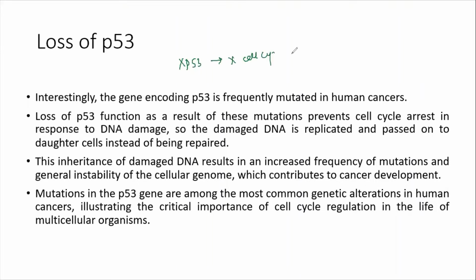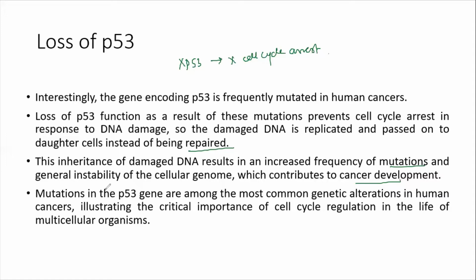So whenever there is DNA damage, what will happen then? The damaged DNA is replicated and passed on to the daughter cells instead of being repaired. The inheritance of damaged DNA results in an increased frequency of mutation and hence leads to cancer development.